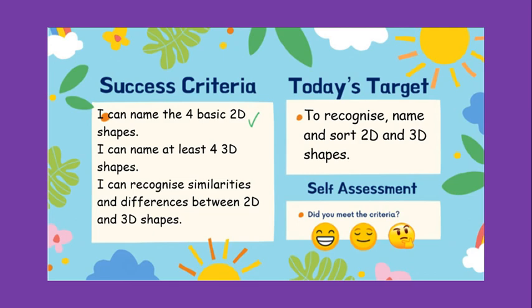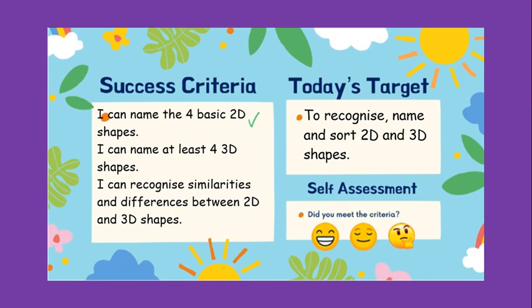I think we knew those quite well, so I would give yourself a nice happy face, give yourself a big smile. And then this one's a little bit harder because I wanted us to try and name at least 4 3D shapes. So we looked at cylinders, we looked at spheres, we looked at square-based pyramids, and we also looked at cubes and cuboids.